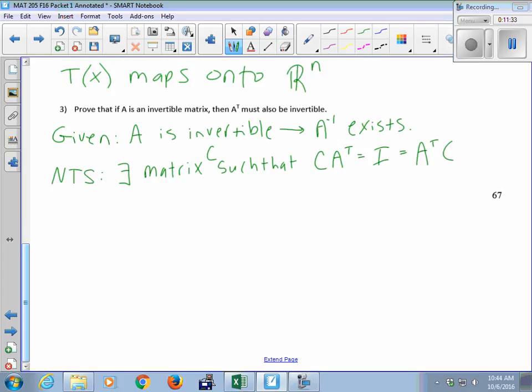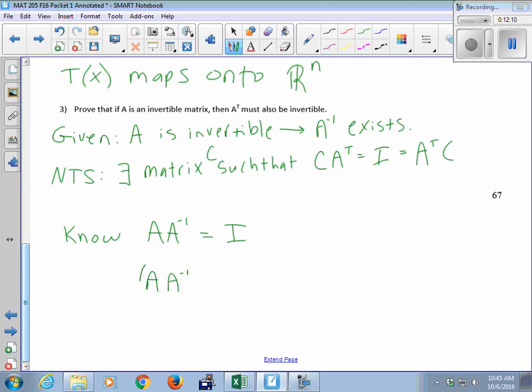Okay, so to prove it, I'm going to start with what I know. A inverse exists, right? So we know that A times A inverse equals the identity. That's real, right? I know that for sure. All right. What I want to know has to do with the transpose of A. So I'm going to introduce some transposes somehow into this equation. I'm going to take the transpose of both sides.